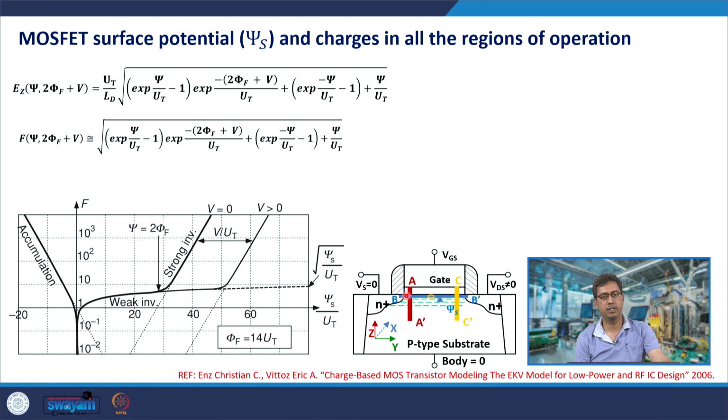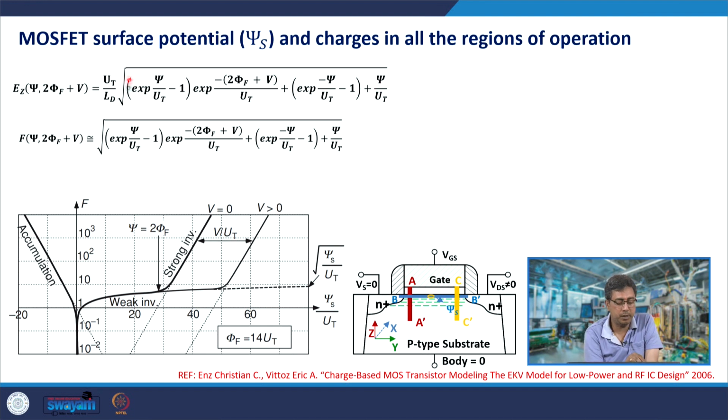The first term is because of inversion charge, in this case electrons, the second term is because of hole charge, and the third term is because of depletion charge.